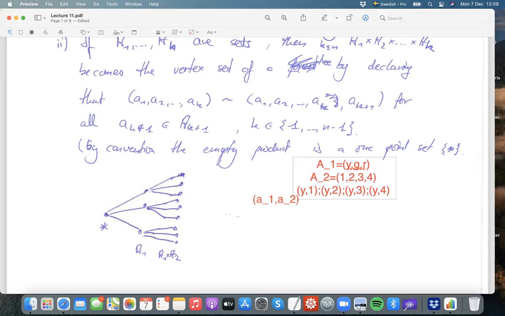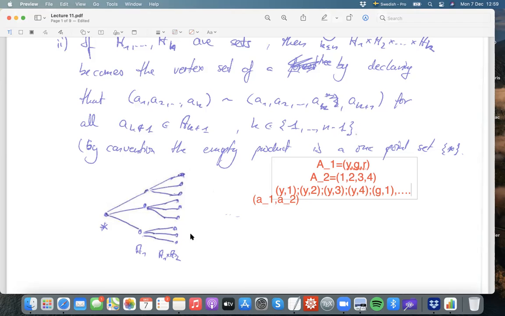Then we'll have green and 1, green and 2, and so on. And I'll be connecting, for example, this vertex yellow and 3 to the vertex yellow, and only to yellow.